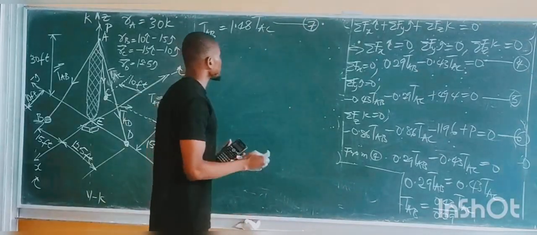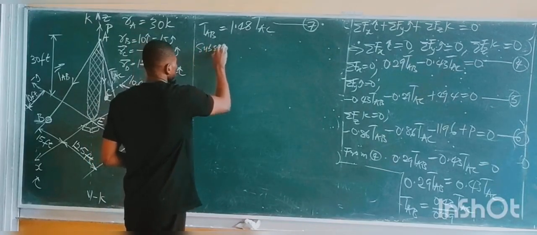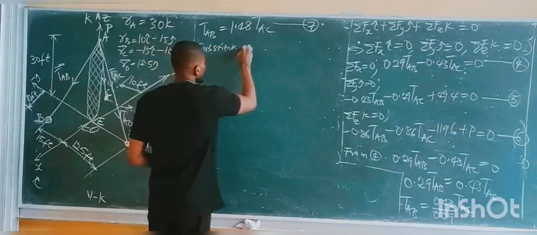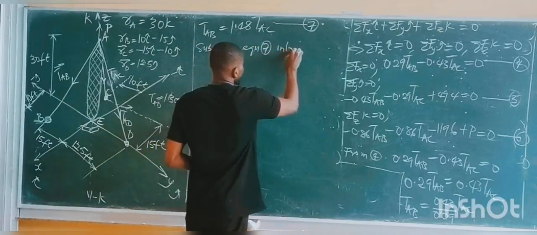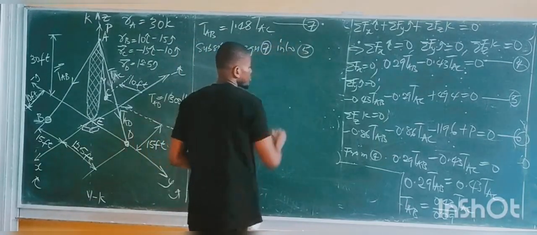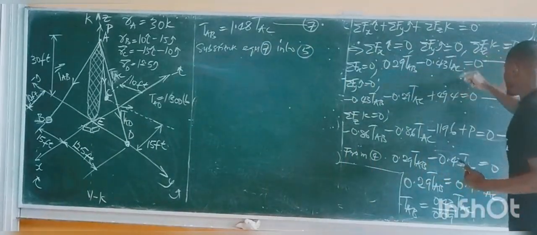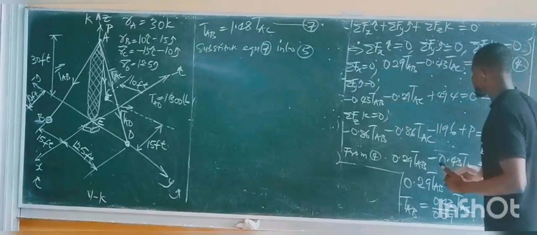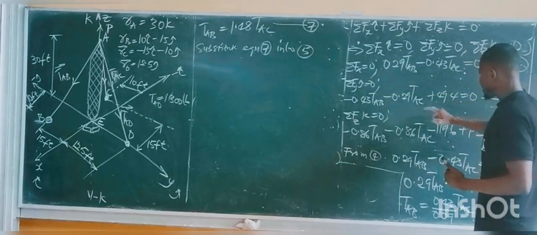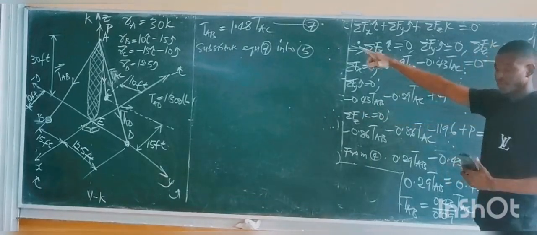At this point, simply substitute equation 7 into equation 5, because we are solving these two simultaneously since they are easier. So substitute the value of TAB into equation 5.